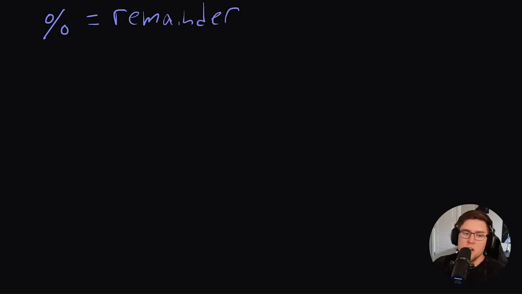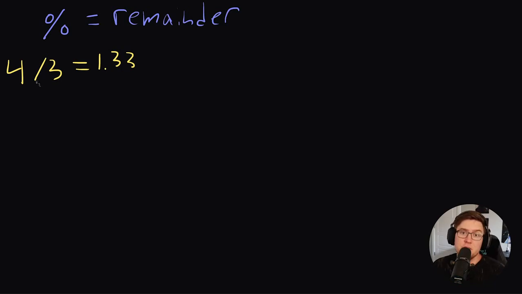So 4 divided by 3 in normal floating point division equals like 1.33333 forever, right? We have this fractional part. That's how math works normally, and that's how math works in floating point division in a language like Go.